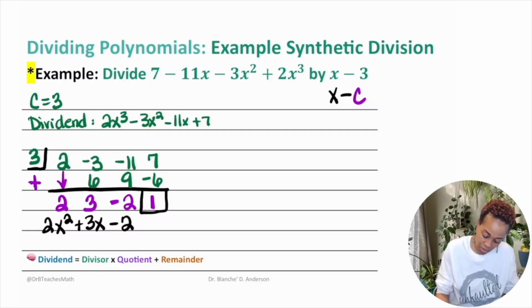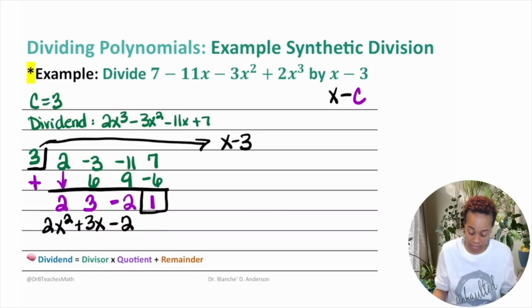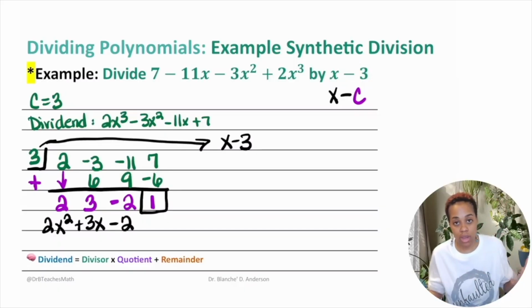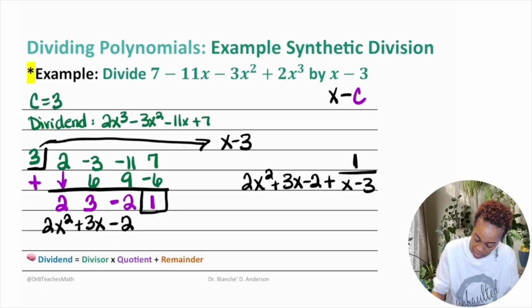And we already know that this is x minus 3 because that's what we started with. And then this is our remainder. So when you write your answer, it's quotient plus remainder over divisor. So 2x squared plus 3x minus 2 plus my remainder of 1 over my divisor, x minus 3.